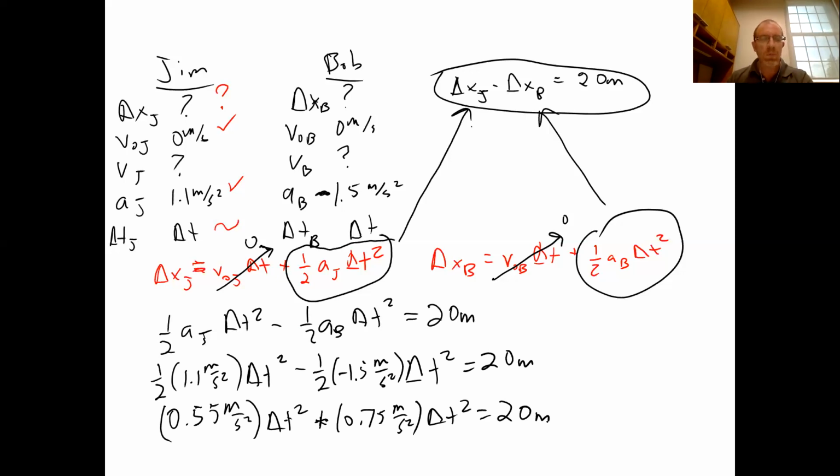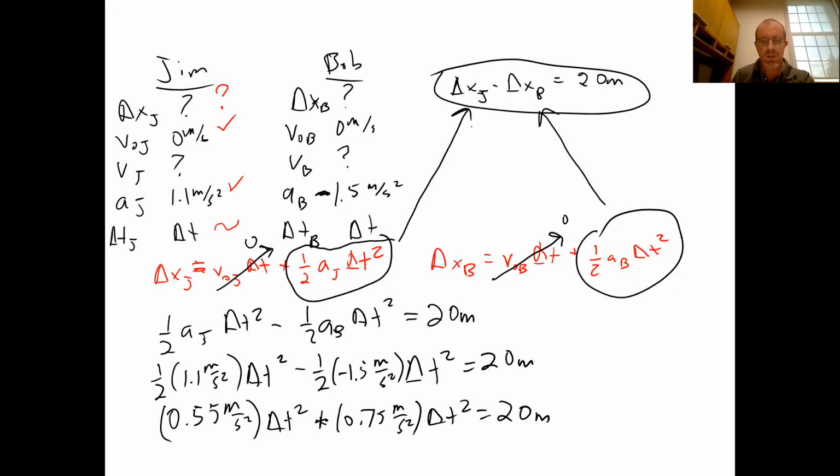All right, so if I add 0.55 and 0.75 together, I've just got a couple coefficients there. Like say I've got something like 3a plus 5a, that'd be 8a. Well, 0.55 t squared plus 0.75 t squared would be what? Let's see here, 1.3 t squared.